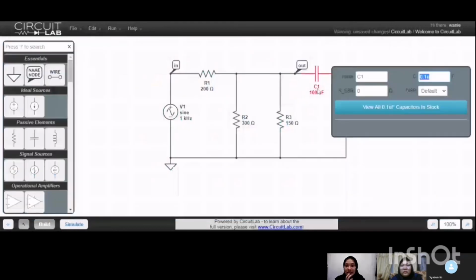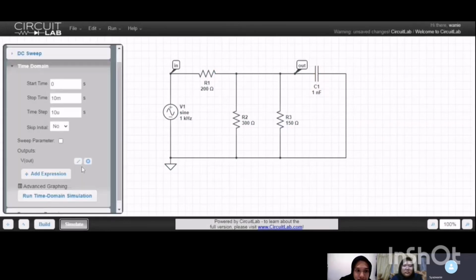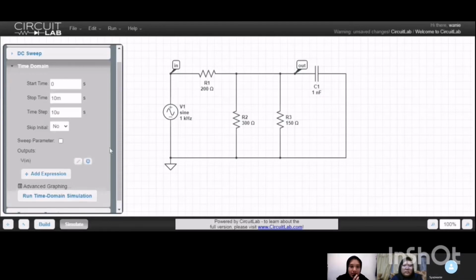Now let's look at 1 nanofarad. Let's run this circuit. This is for the input waveform. Just press the in box and run.